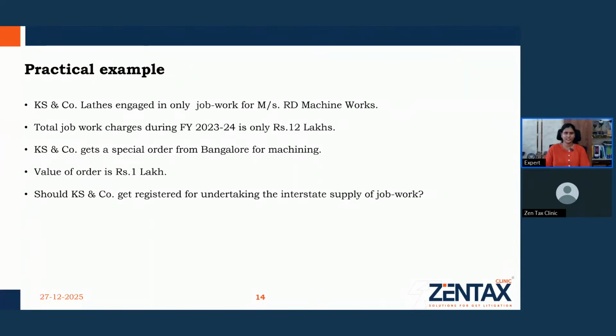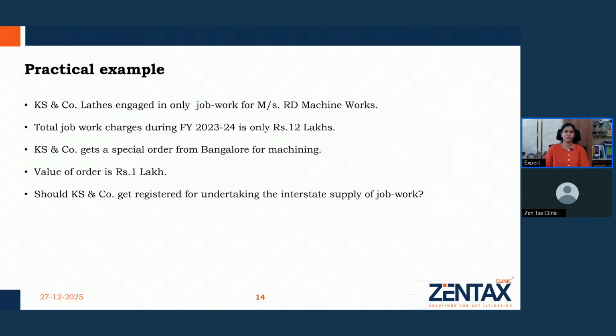To understand this better, let us take an example. KS & Co. is engaged in doing only job work for RD Machine Works, that is, they are doing job work in the same state. The total job work charges received is only 12 lakhs. Now this company, KS & Co., got a special order from Bangalore for machining, that is, an order from another state for job work.